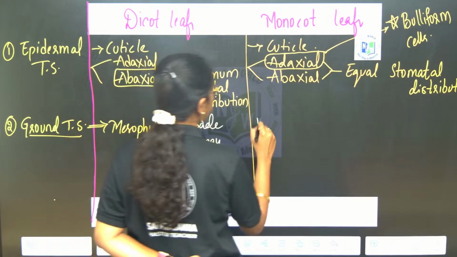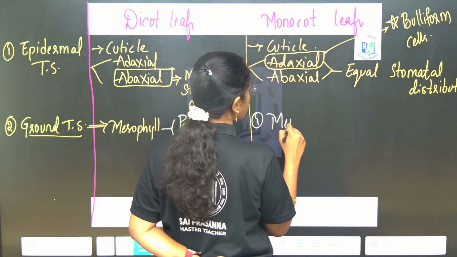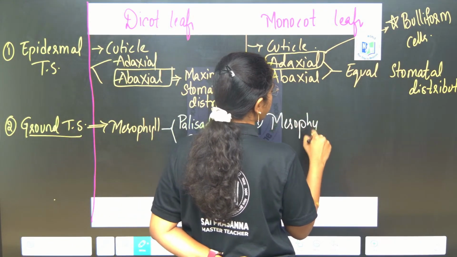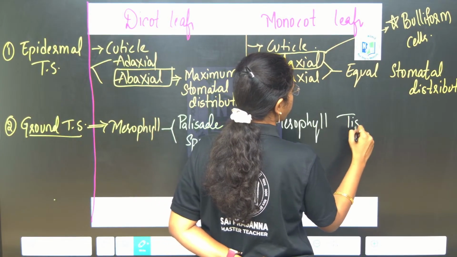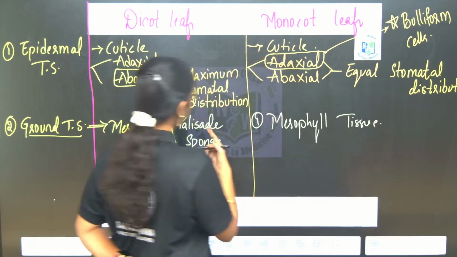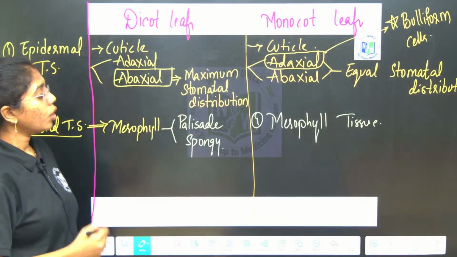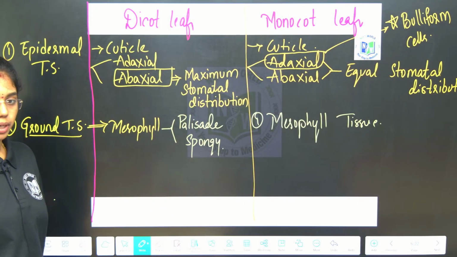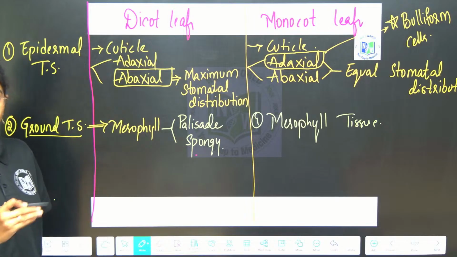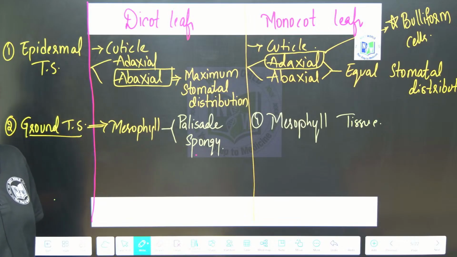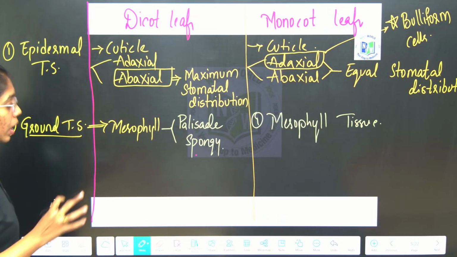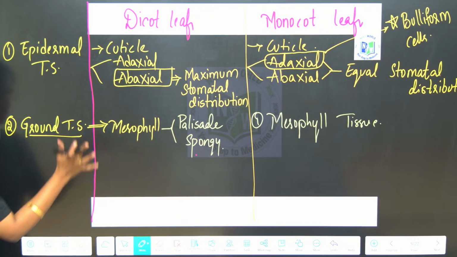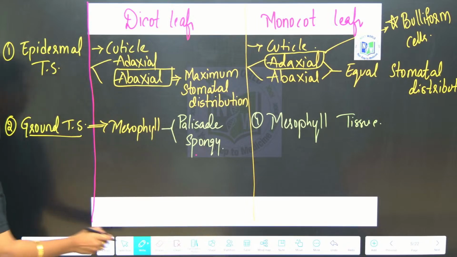Here only one type of mesophyll tissue is present. Here palisade parenchyma is arranged in 1 or 2 rows below the upper epidermis. Spongy parenchyma is arranged towards lower epidermis, which has air spaces in between them. And vascular bundles are placed inside that spongy parenchyma. Next.